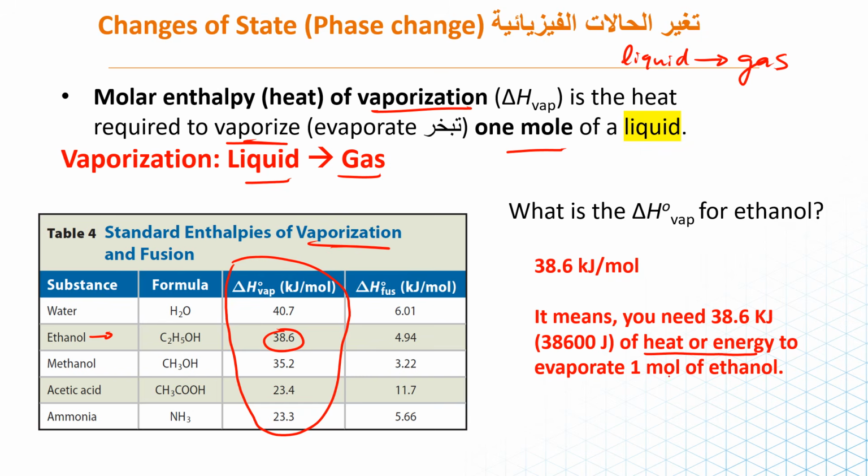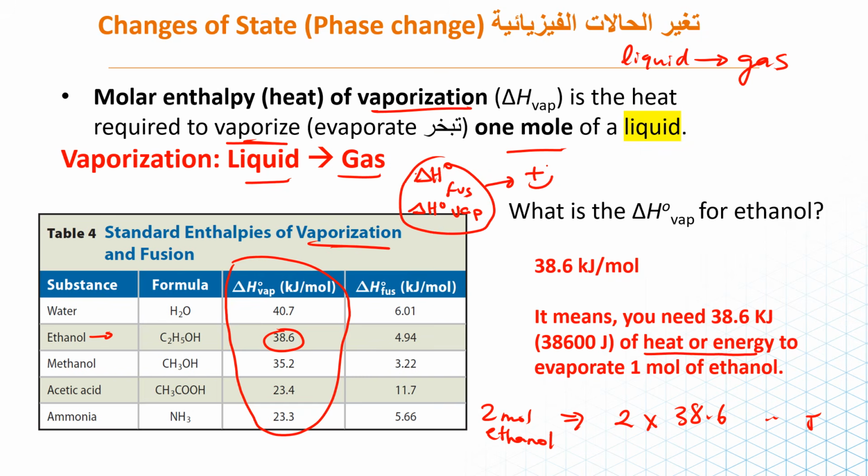If I have 2 mole of ethanol, then you need 2 times 38.6 of energy.